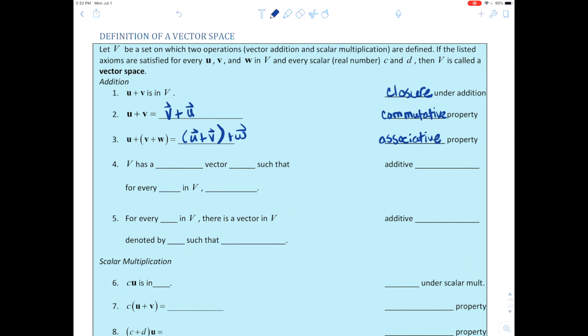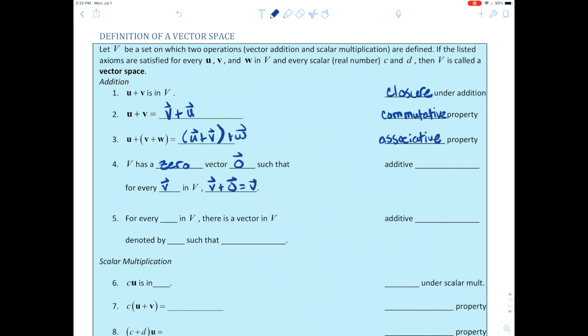The set V has a 0 vector. We'll denote it like this, 0 with the arrow over it, such that for every vector v in the set V, if you add v plus that 0 vector, you get the vector v back.